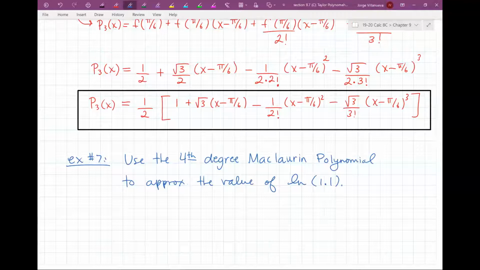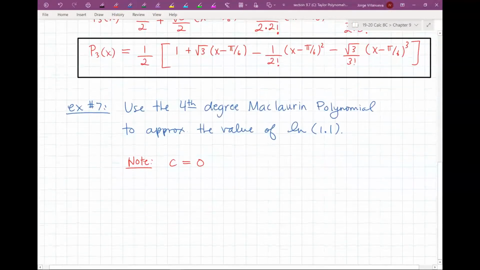So remember, if this is a Maclaurin polynomial, that means c has to be 0, right? Which means if you write f of x equal to ln of x and you did f of 0, what would happen?